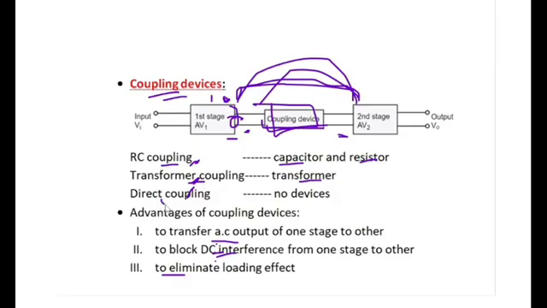In the direct coupling amplifier, no devices are used, only a direct conductor is used to transfer the energy produced at the output of the first stage to the second stage. Based on the frequencies, we will use these coupling methods. This is all about coupling devices and their uses.